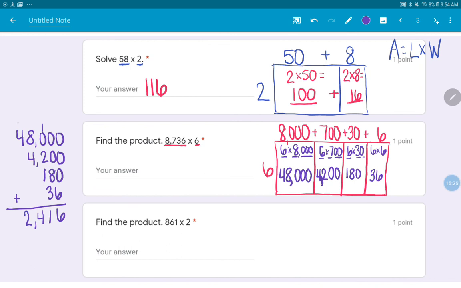I'm going to write down the 2, regroup the 1, and 4 plus 1 is 5. So the correct answer is going to be 52,416.